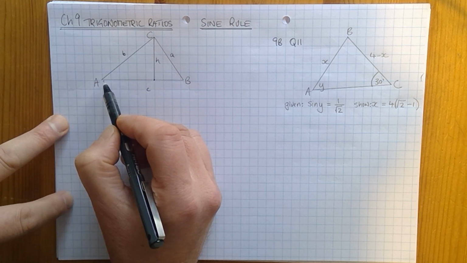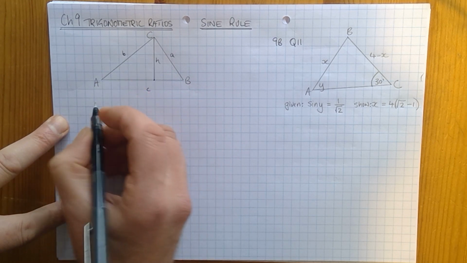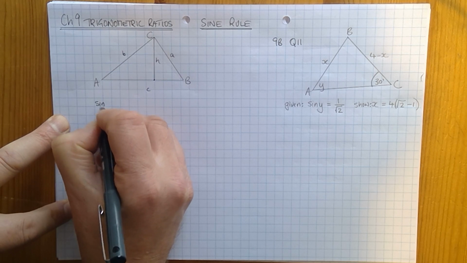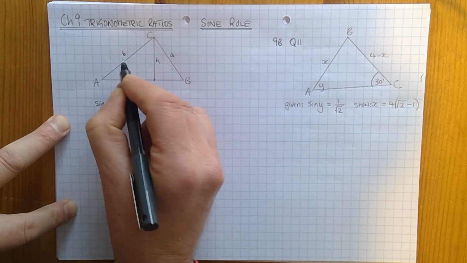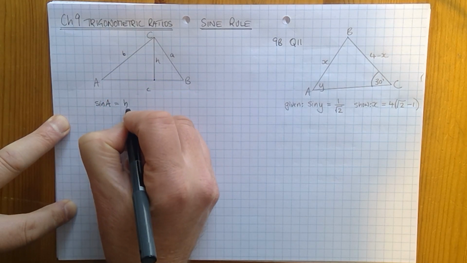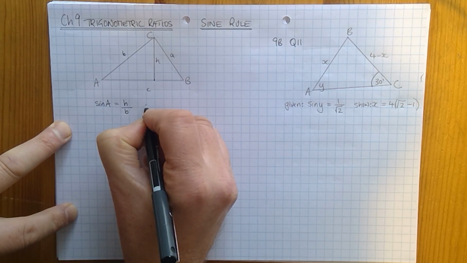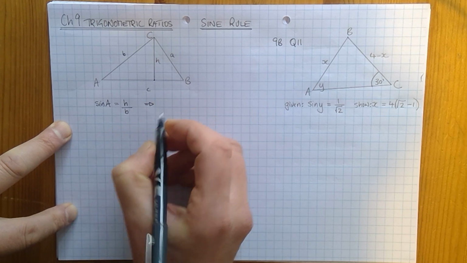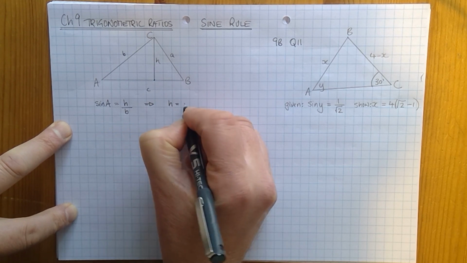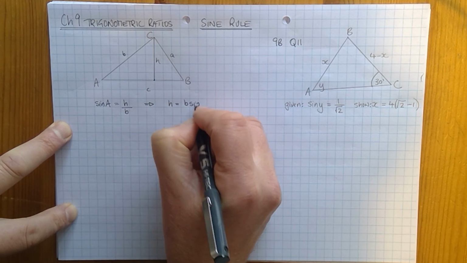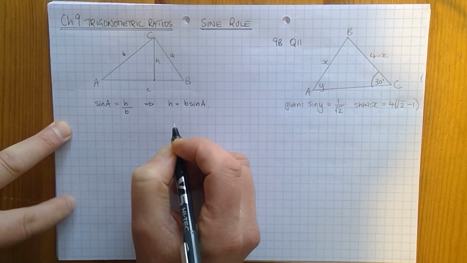Just using standard trigonometry, I can see that sine of angle A is opposite over hypotenuse, which in this case is h over b. And I can rewrite that to give me h is b sine A.